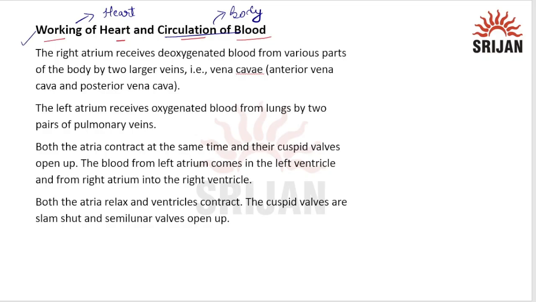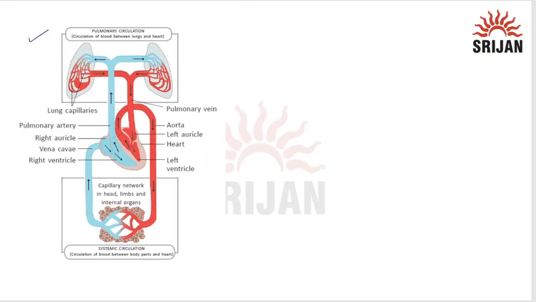So before understanding this paragraph and this diagram, let me explain the basic mechanism with the help of a simple diagram so that you will understand all the things, right? Suppose the box I am drawing with the blue color is your heart. You know that our heart has how many chambers? Four chambers.